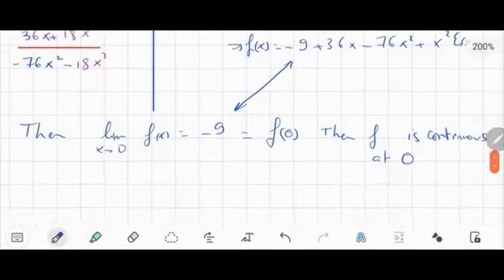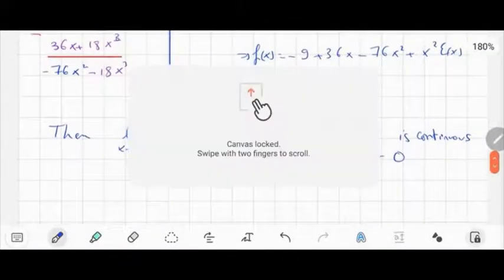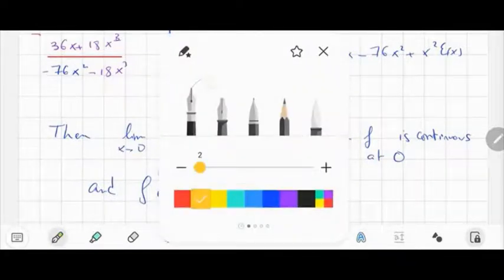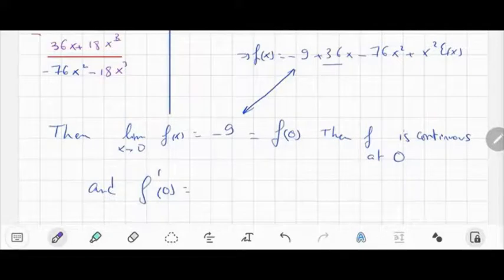And the existence of the finite expansion to an order greater than 1 means that the coefficient of the order 1 is the derivative of f, and f prime at 0 is equal to the coefficient of the term of order 1. So this is f prime of 0.